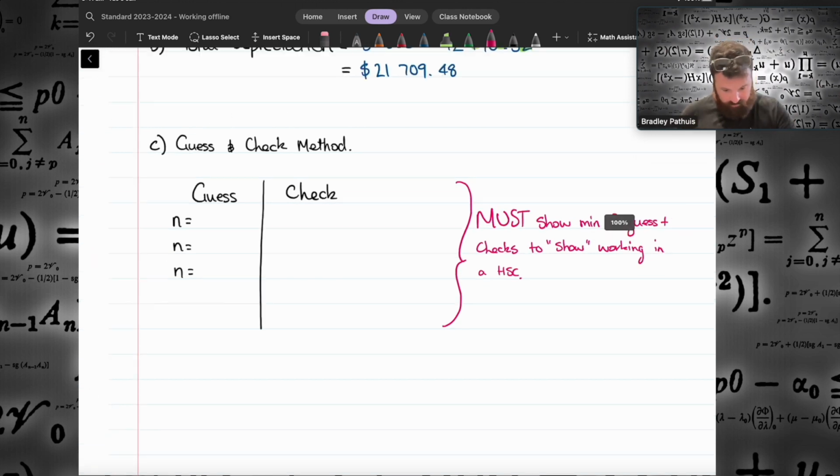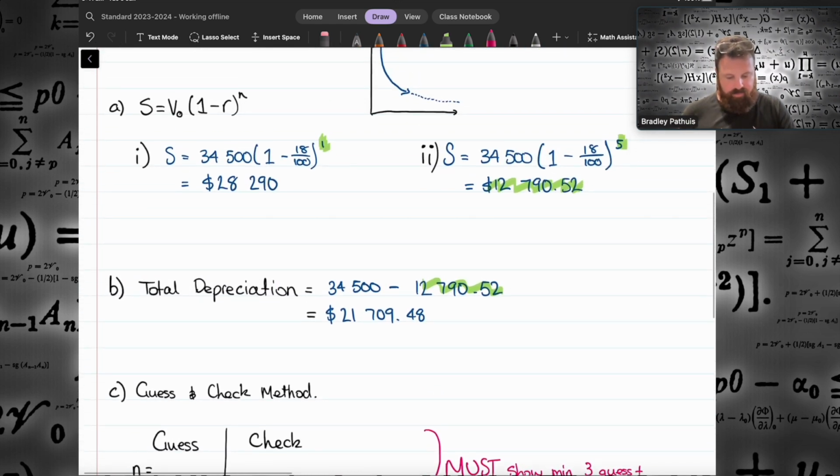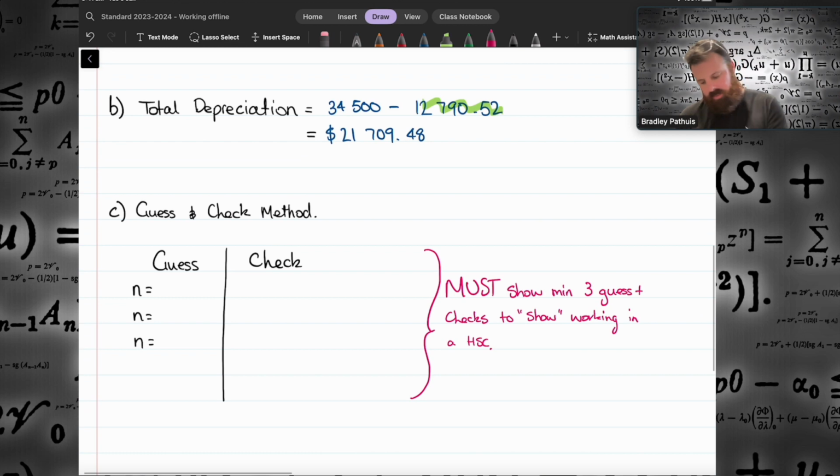So with this question here, I'm going to use some ideas from what we've done previously. Well, after 5 years, it's lost $20,000. I'm going to keep losing 18%. So my first guess, I'm thinking 10. 10 might be a nice number to guess. So I'm going to guess that n equals 10.